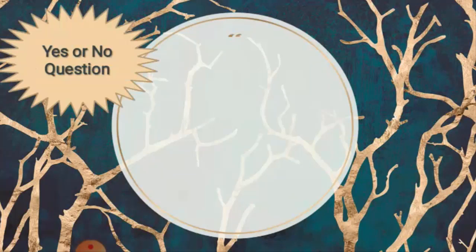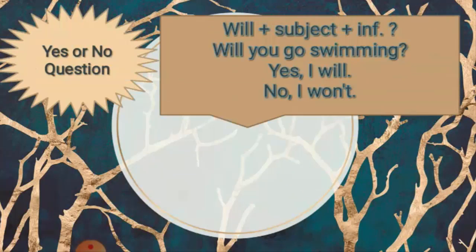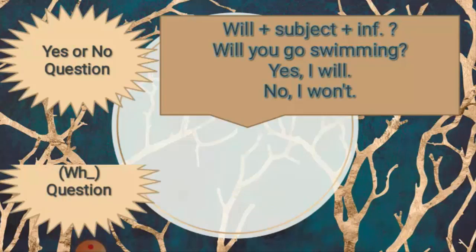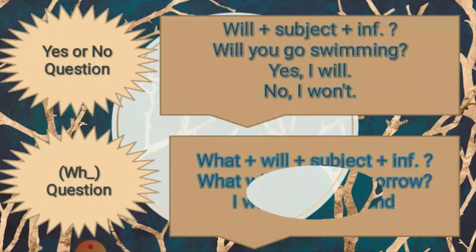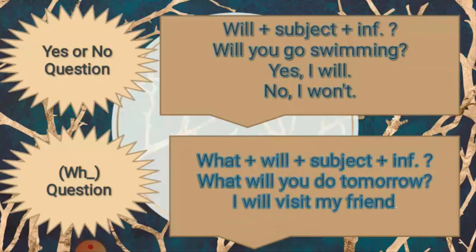What about yes or no questions? You should use will plus the subject plus the infinitive. For example, will you go swimming? And the answer would be yes, I will, or no, I won't. WH questions: WH word, for example, what?